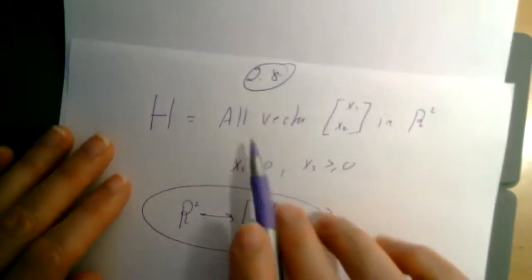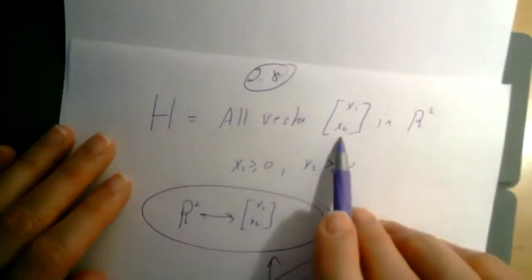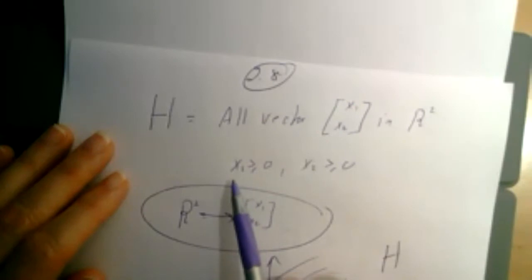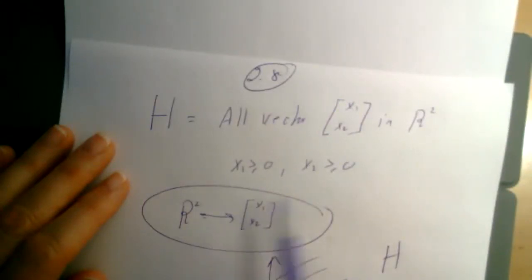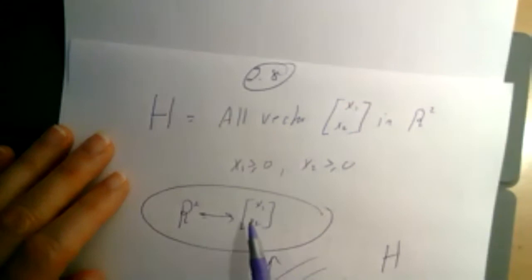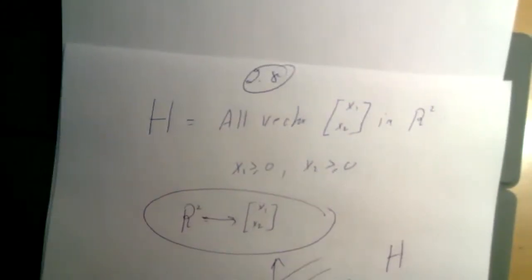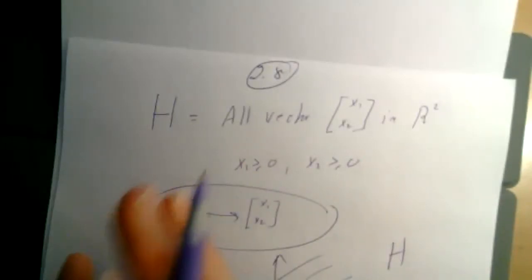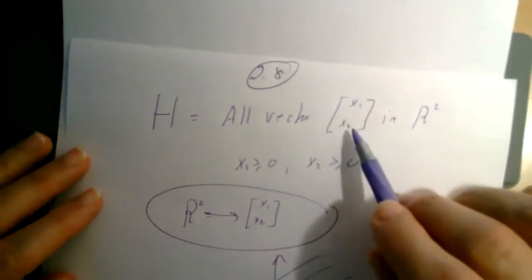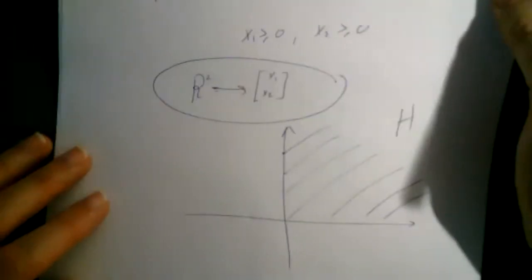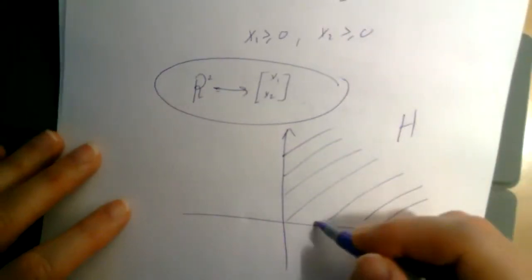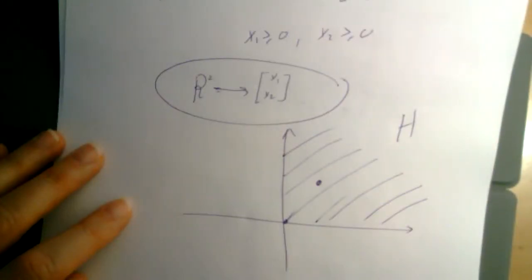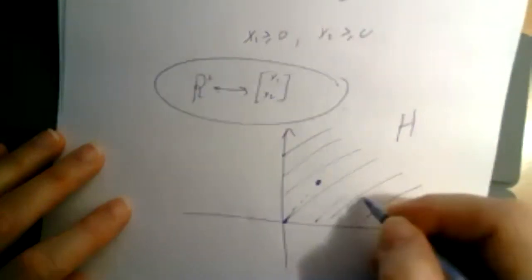Because what's my H? Every ordered pair of numbers that has the property that the first component is positive and the second component is positive. So that's really H. It's what we call a subset of R2. Not all of R2, but very particular ordered pairs. The way we're going to visualize it, H is every vector such that its first and second components are positive.